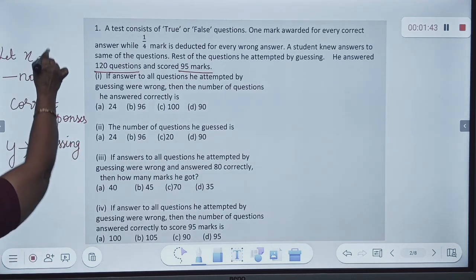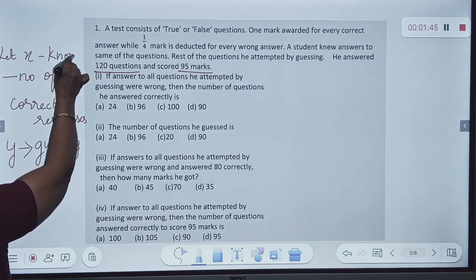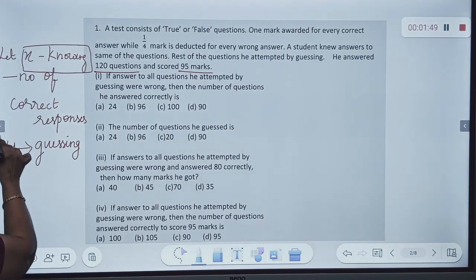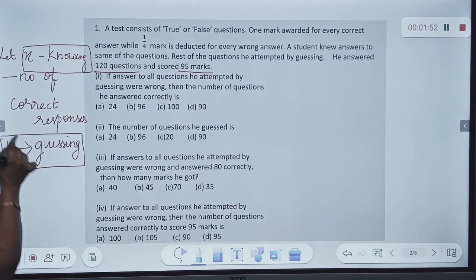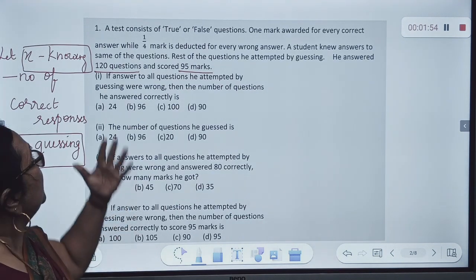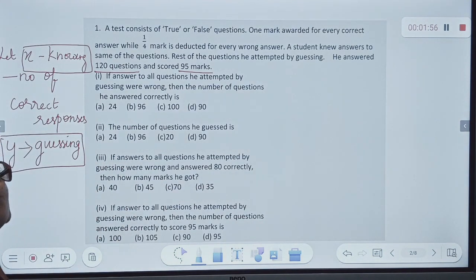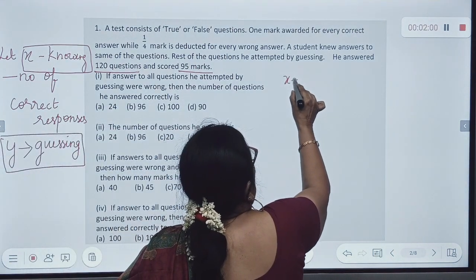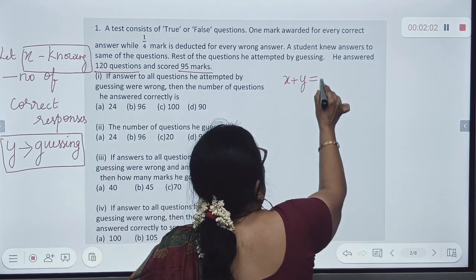So x is knowing and y is guessing. Okay, together how many questions he has answered? 120 questions. So x plus y equal to 120.